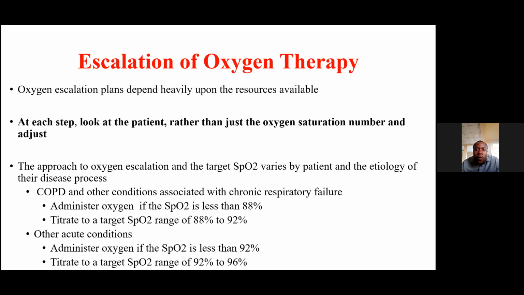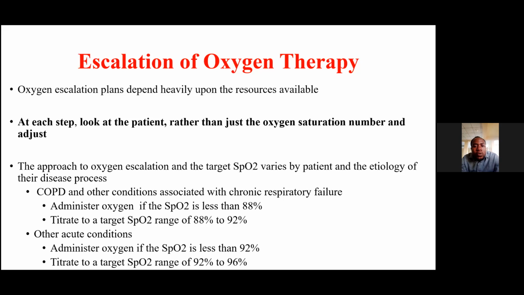Generally, in the general population, we provide oxygen support when the patient is desaturating below 92%. But in some circumstances, like for patients with COPD, chronic obstructive pulmonary disease, and other similar conditions, you need to provide oxygen when they are desaturating below 88%, and you titrate your goals to achieve between 88 and 92%.